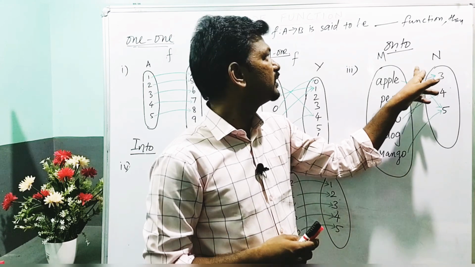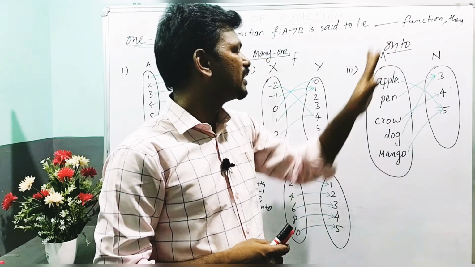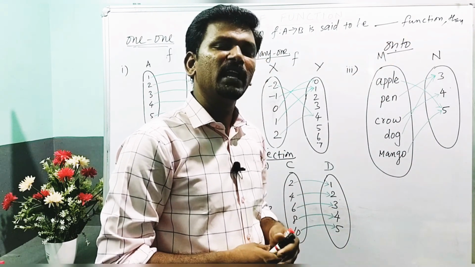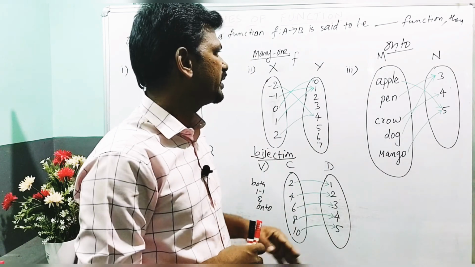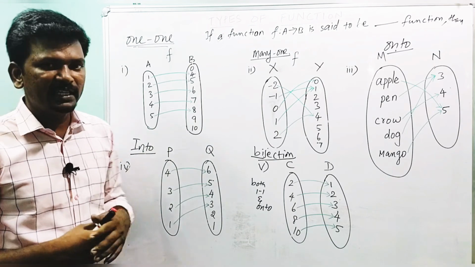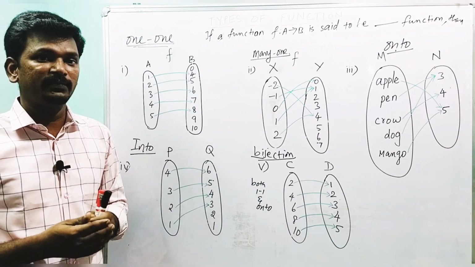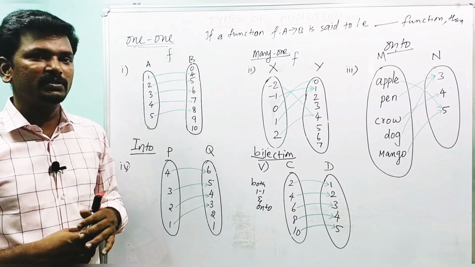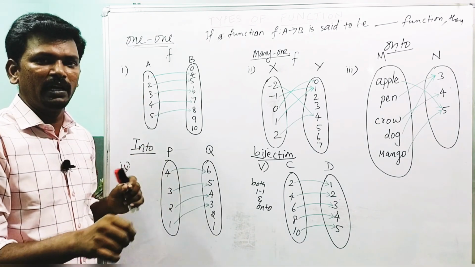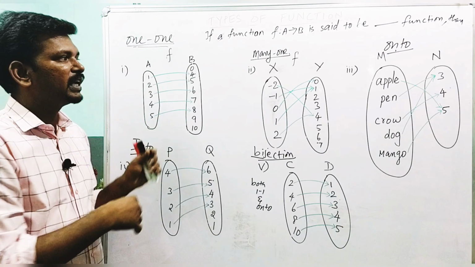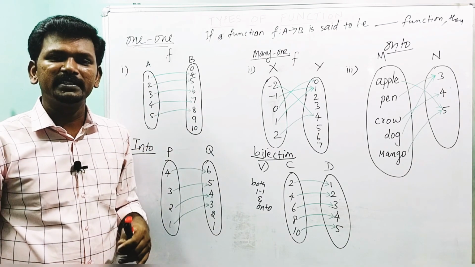If f from A to B is said to be an onto function, then every element of the set B has a pre-image in A. Like that we have to write the definitions by our own understanding. So I hope you understood. You can take a screenshot of this board and analyze these things, then you will understand easily.